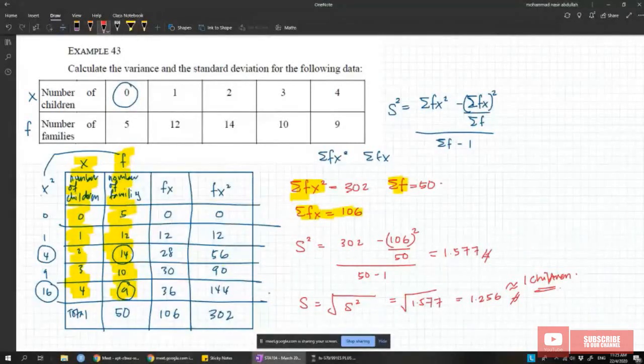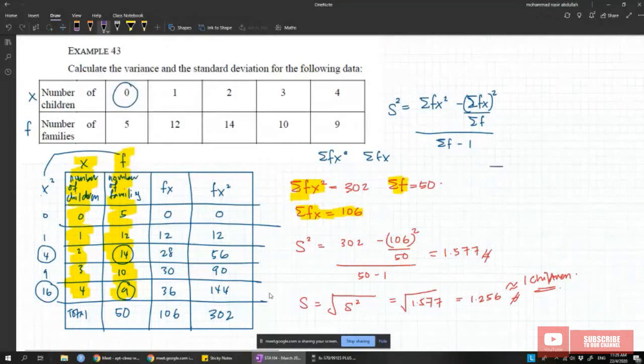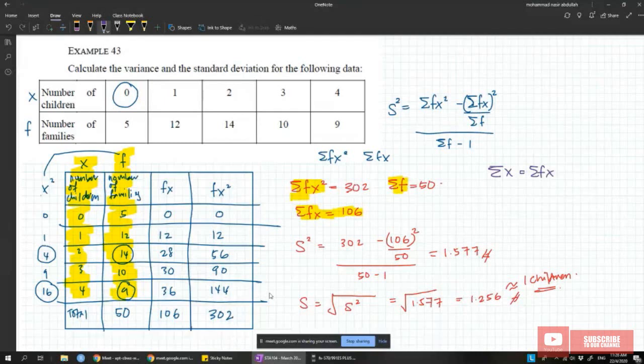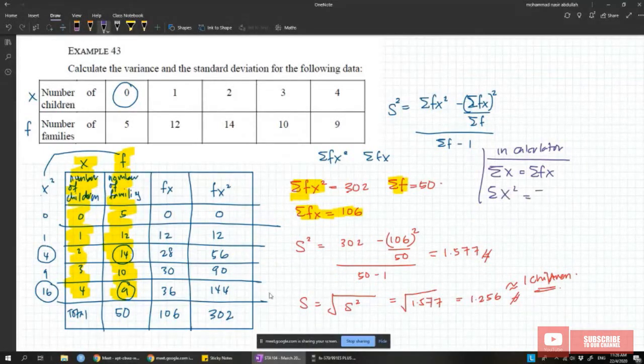So you need to remember, in the calculator, summation of x is equal to summation of fx, and summation of x square is equal to summation of fx square.